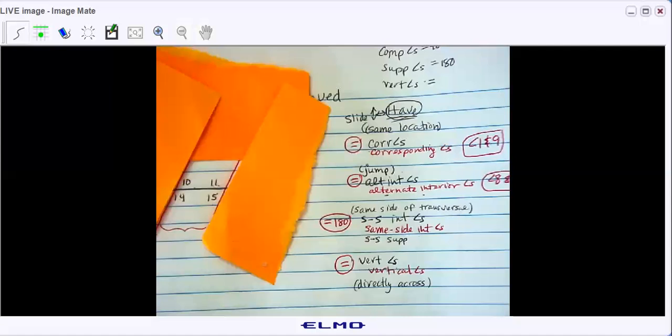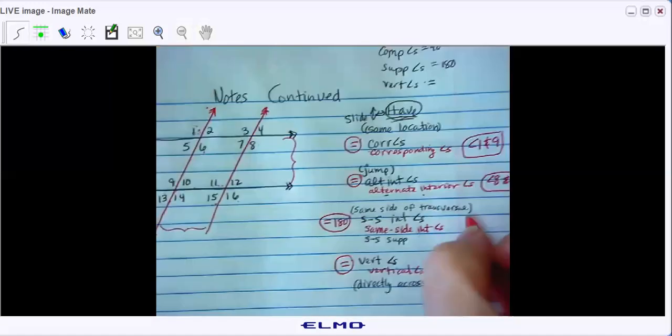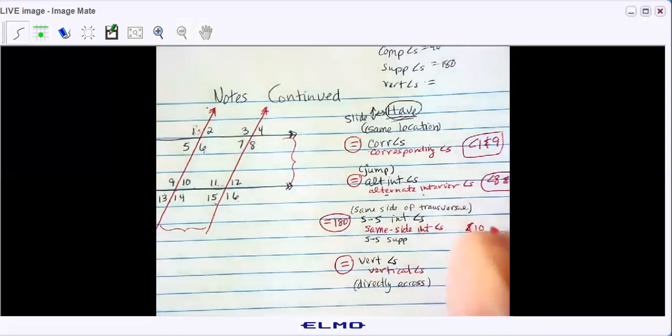I'm thinking 11. Yep, because it's on the same side, so I can't jump over. That means it has to be angle 11. So that would be an example: angle 10 and angle 11.